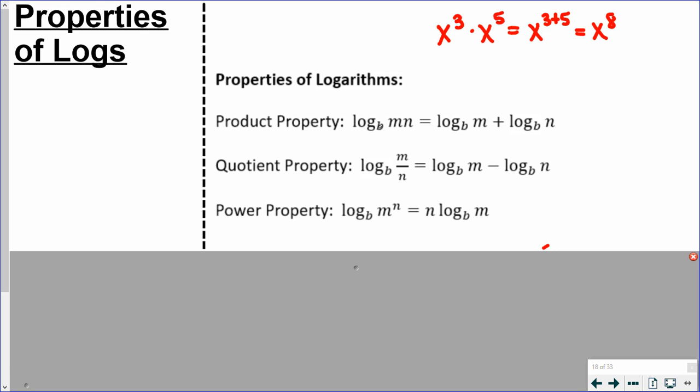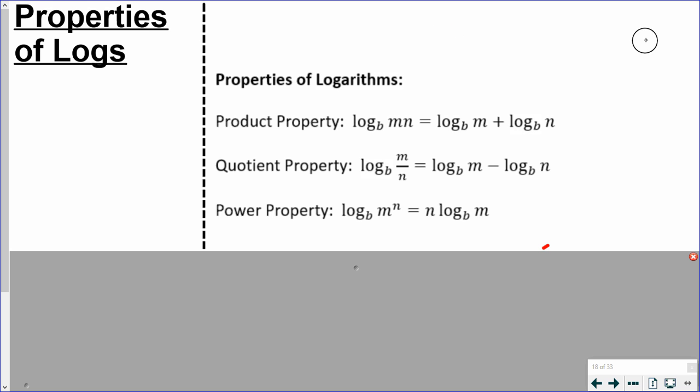So remember, a log actually represents an answer that is an exponent. So when you have multiplication between the two items, that is when you add the exponents. So that's why we're adding these exponents, because log base b of m and log base b of n represent one of these exponents, for example. Okay, so that's where that's coming from.